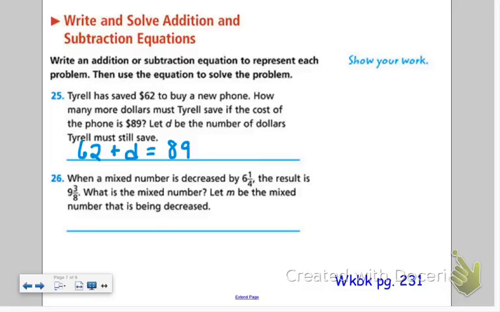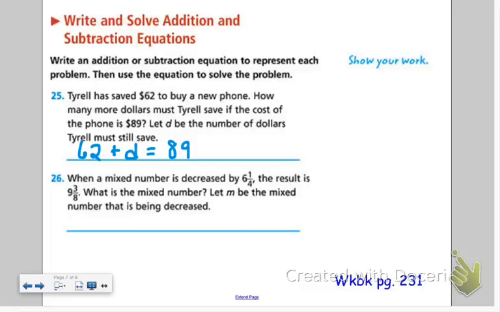I bet in your heads you probably thought, if I want to figure out how many more dollars he must save, I'm going to take the $89 and subtract 62. And you would be correct, because you do need to use subtraction here to solve this addition equation, because subtraction is the inverse operation. So what I would have to do to get D by itself is subtract that 62.